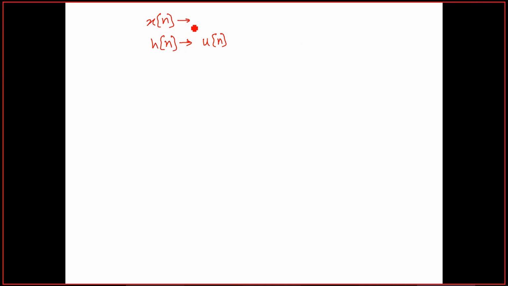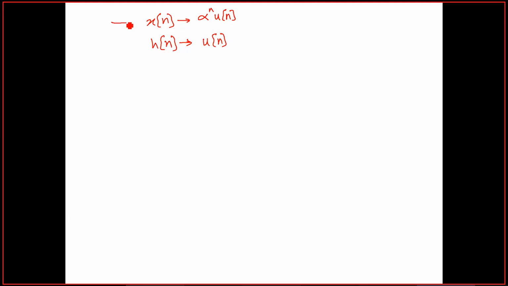So this is u of n, and x of n is given to you as alpha raised to power of n u of n. Now this is the example that is given to you, that if we are given x of n this way and h of n this way, then what?